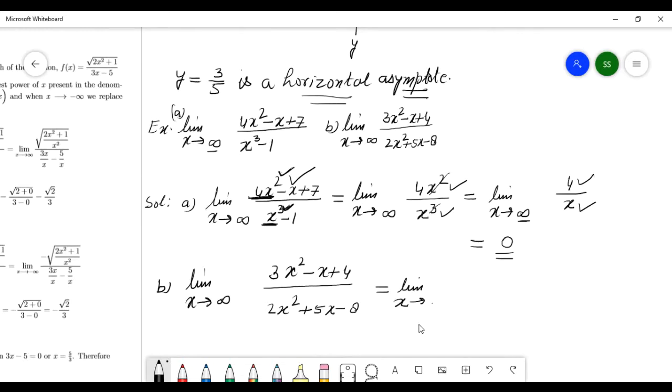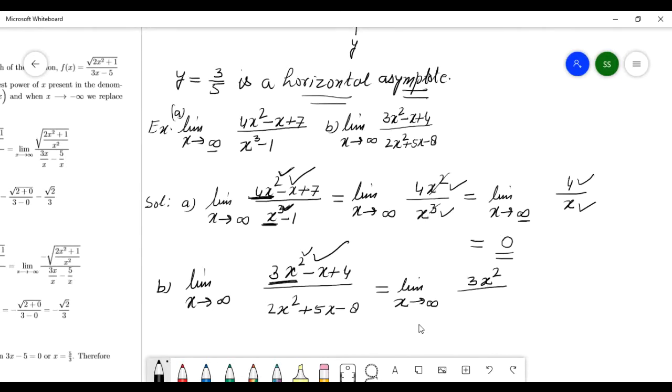Same method here, you will apply to here. Highest power of x is x square. Kill the other terms, take this term only, 3x square.